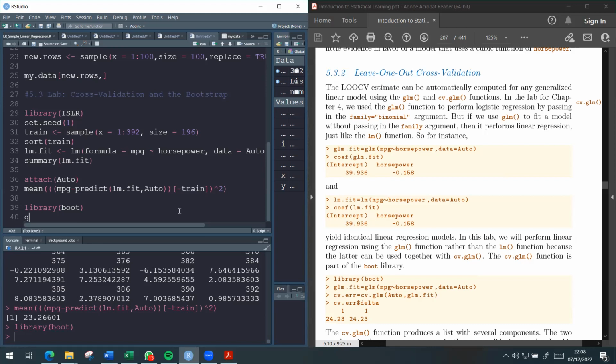We're going to save everything in GLM fit. GLM MPG on horsepower. Data is the auto dataset.